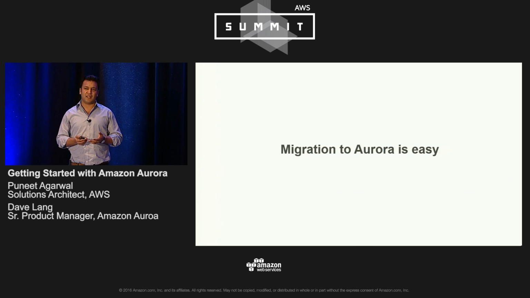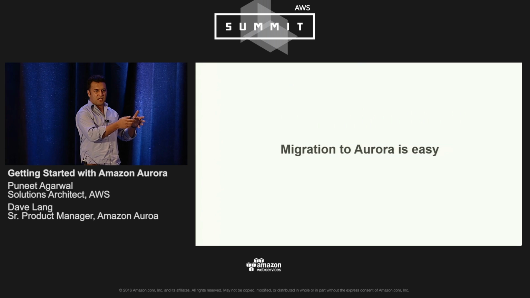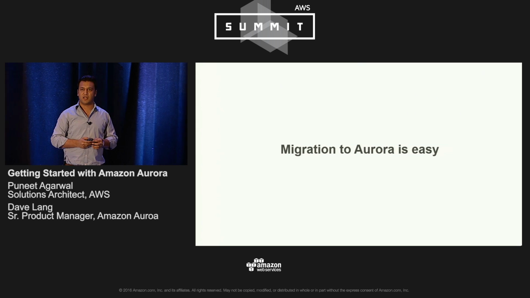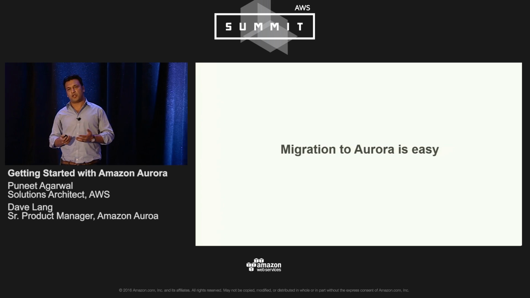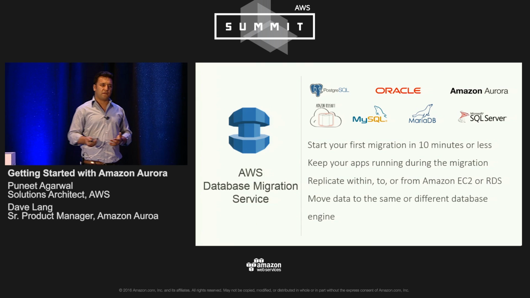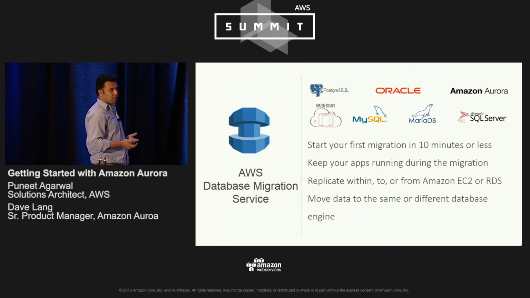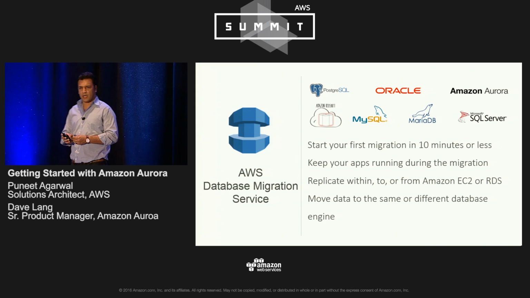But we do realize that when you are migrating from other systems, on-prem systems, or EC2, or other database products, migration to another database platform can be a little difficult, can be challenging. So we introduced 2 companion services to help you with that. The first service is AWS Database Migration Service. I think it got announced last year and came out in GA 2 or 3 months ago.